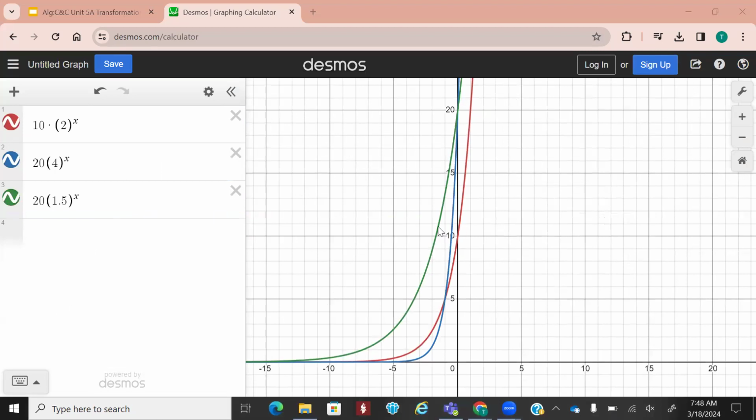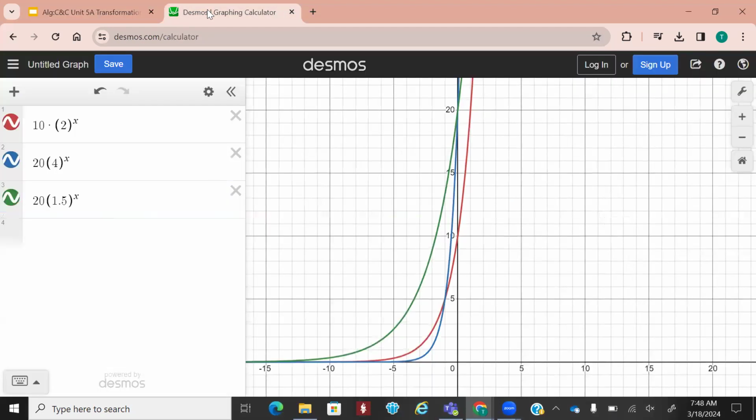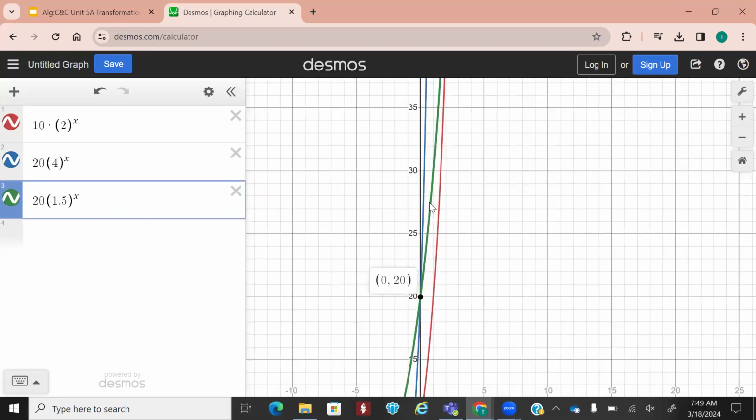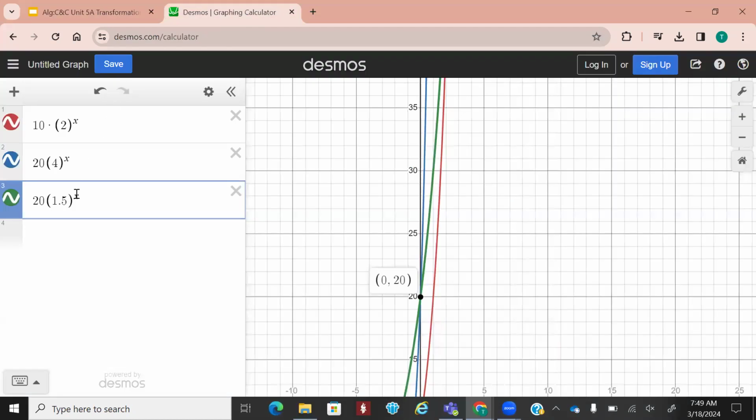Okay, so looking at this versus this, we see that they both cross at 20, so that's good. Is this green line in between the blue and the red? Yes. What about our other option? It was 2.5.